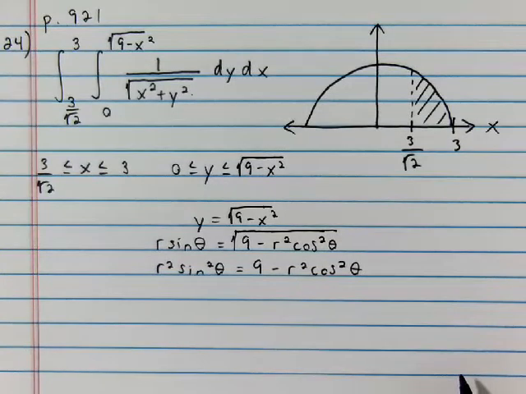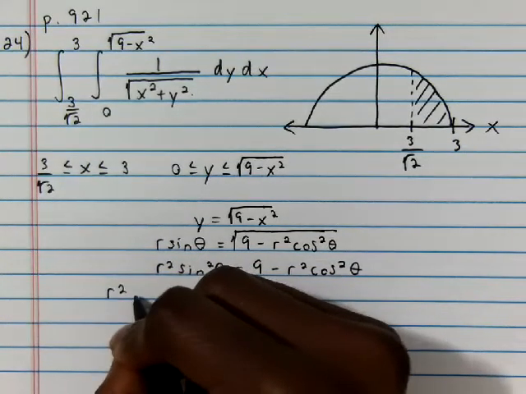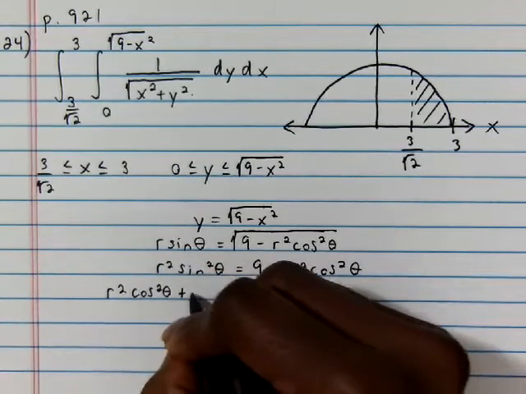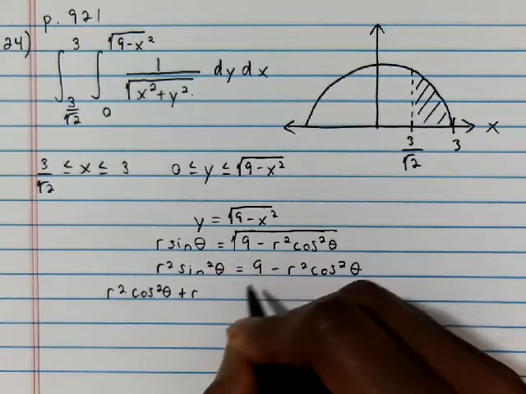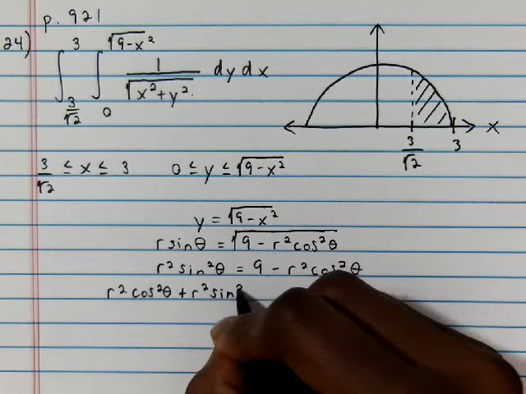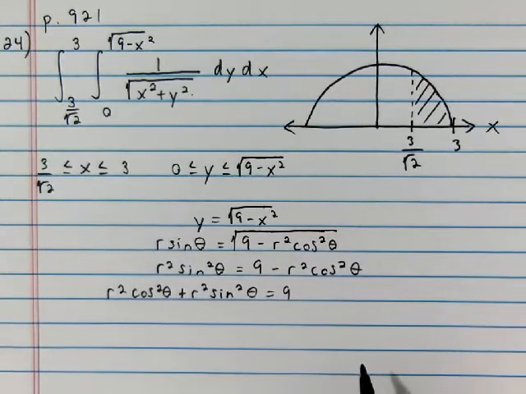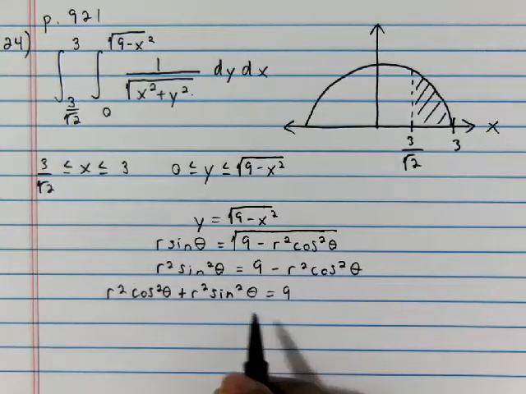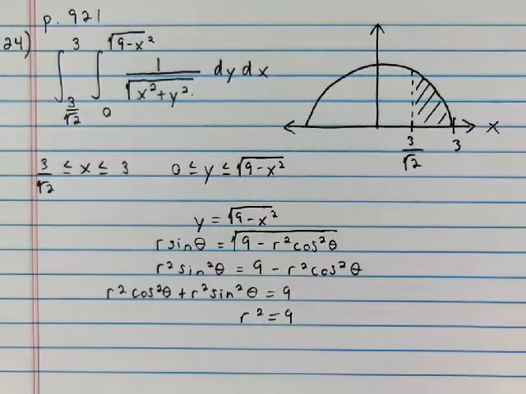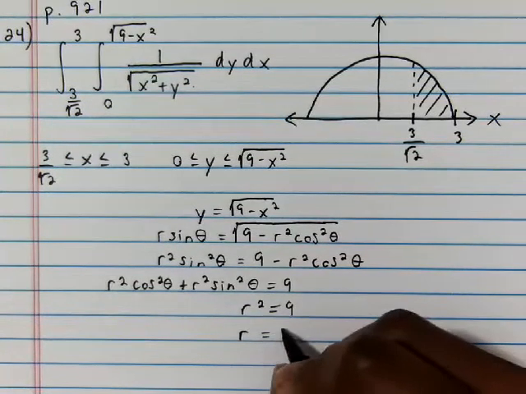And move everything over to the left, with the exception of the 9, and we get r squared cosine squared theta plus r squared sine squared theta equals 9. And our favorite trig identity tells us this is r squared equals 9. And r always has to be greater than or equal to 0, so that says r equals 3.